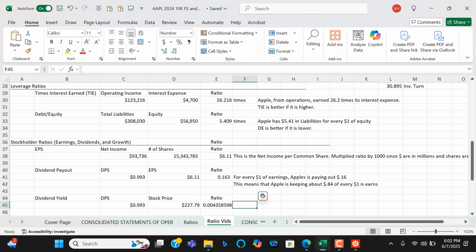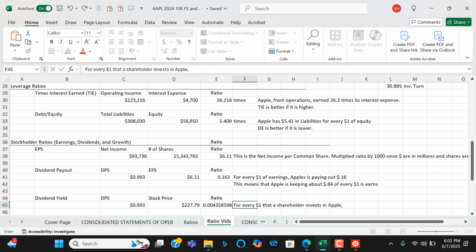This says for every $1 that a shareholder invests in Apple, Apple returns, I'm going to spell it out, 4/10 of 1%.